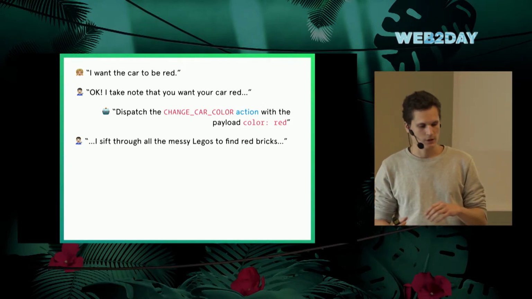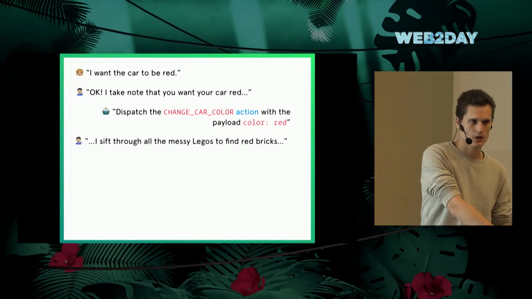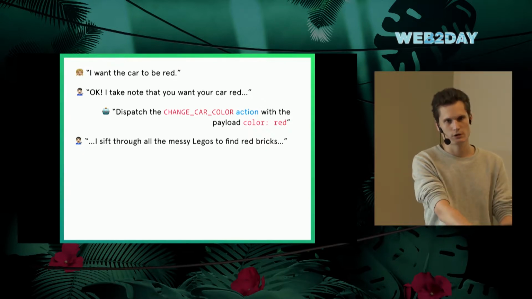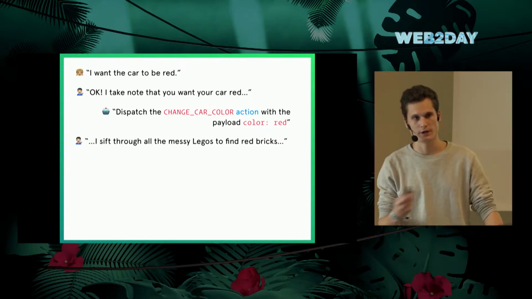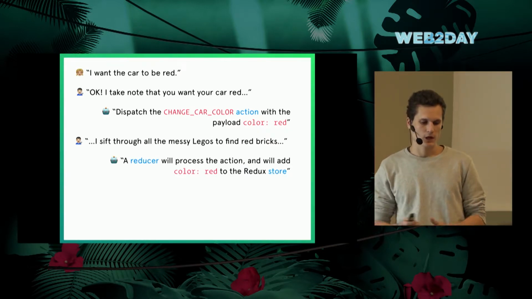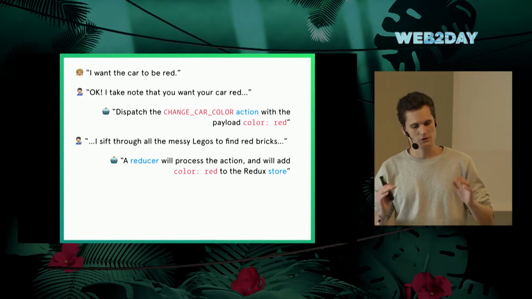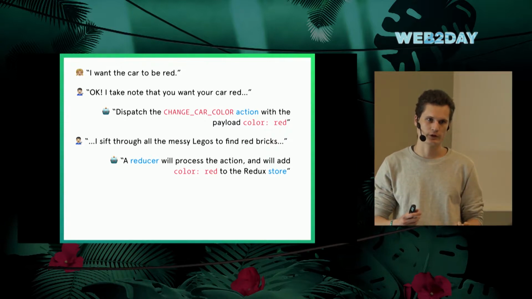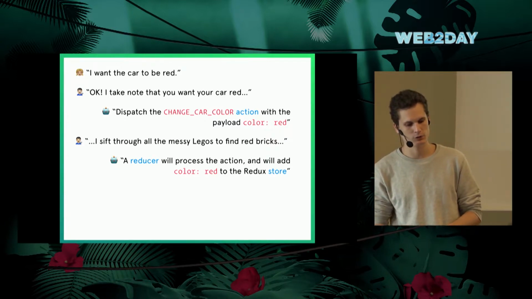Back to me, I'll search through my Lego tray and find all the red bricks that I need to build the race car in red this time. Going back to Redux, how would this work? We would have a special function called a reducer that will process the action, so it will take the action as input.